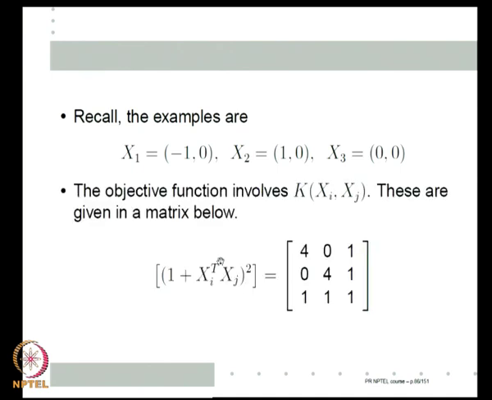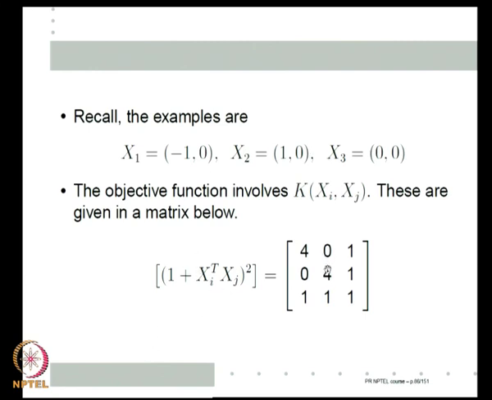So, how do I solve for the SVM? To write the dual I need k of x i, x j. So, let us first calculate k of x i, x j. K of x i, x j is 1 plus x i transpose x j, whole square. We can write that in matrix notation. These are the x's. So, 1 plus x 1 transpose x 1, whole square; x 1 transpose x 1 is 1, so 1 plus 1 is 2, 2 square is 4. X 1 transpose x 2 is minus 1, so minus 1 plus 1 is 0.